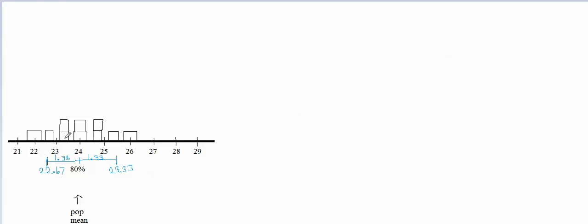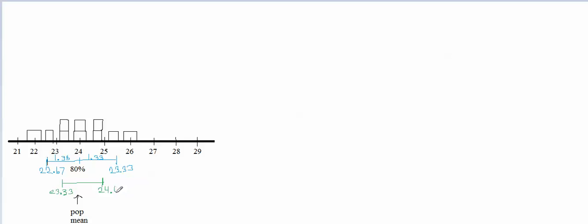This is 23.33, and this is 24.67. So the middle 60% of the possible samples were between 23.33 and 24.67.